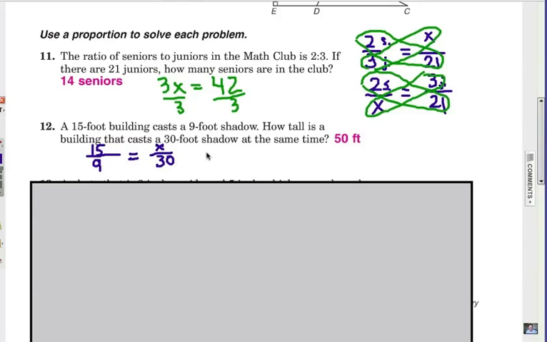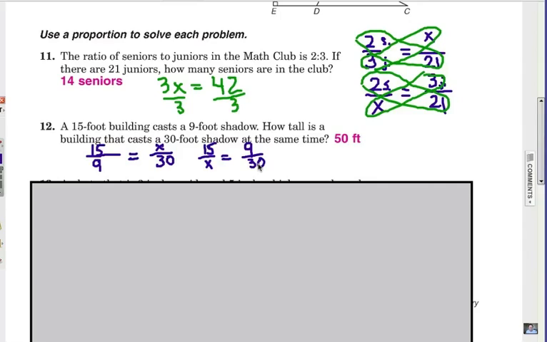Now, you could also say 15 and then across from that the 9, and we could have the X here and the 30 here. In other words, we could have height of building over height of building, shadow over shadow.